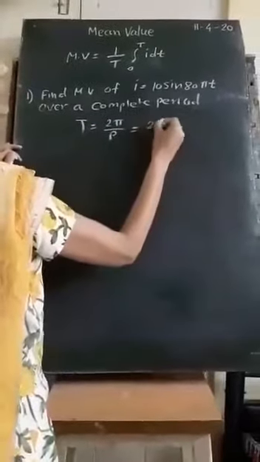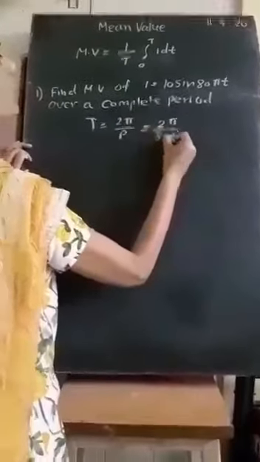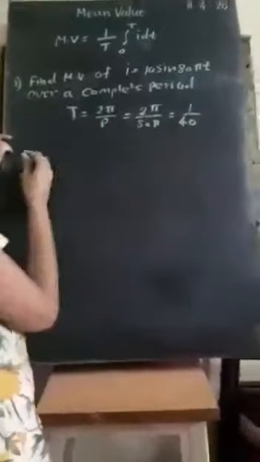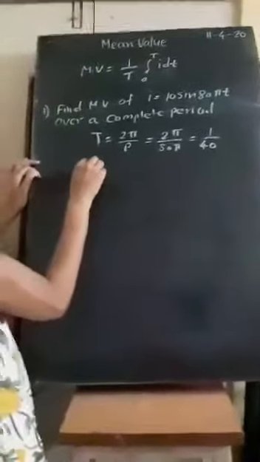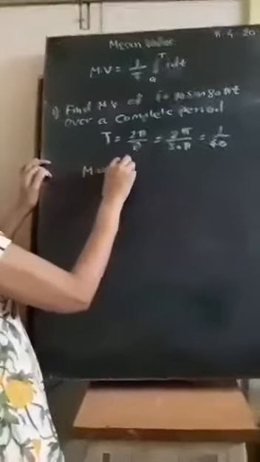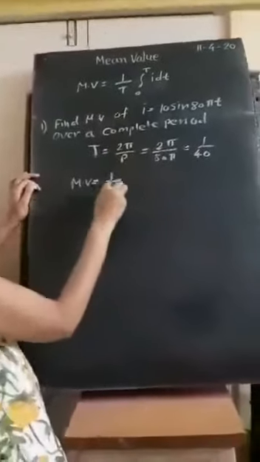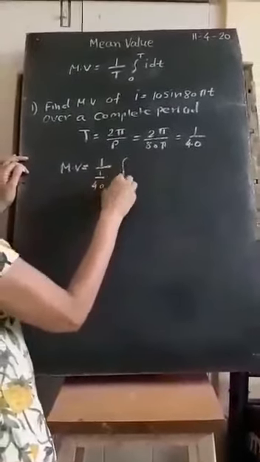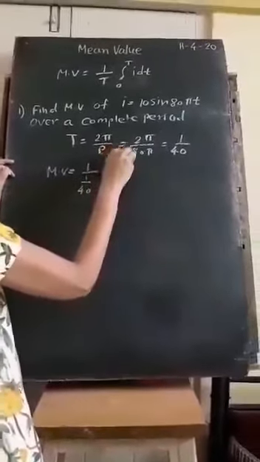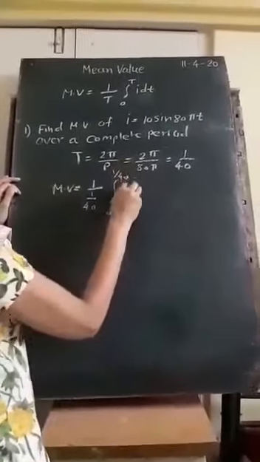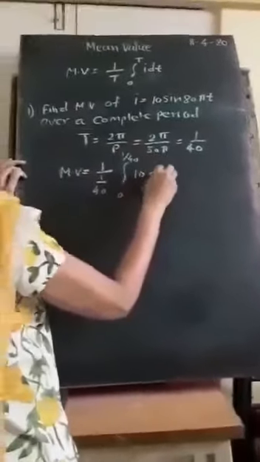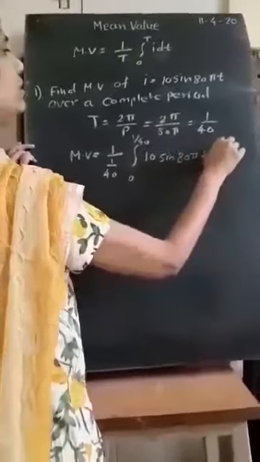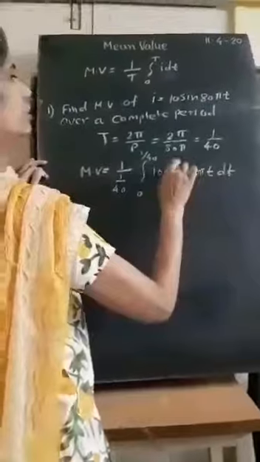In this problem, 2 pi upon 80 pi. So T will be 1 upon 40. Now what is the formula of mean value? 1 upon T, now I am directly writing T. 1 upon 40 integration 0 to 1 upon 40 of 10 sin 80 pi t dt.